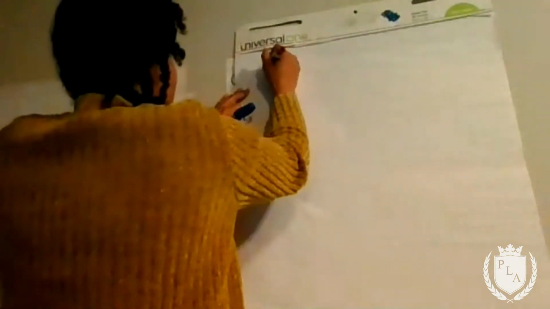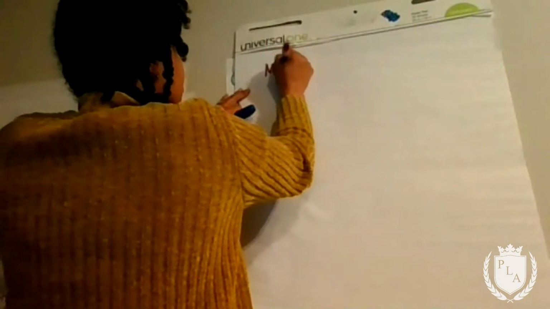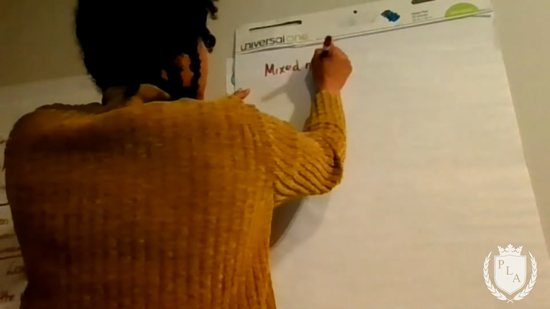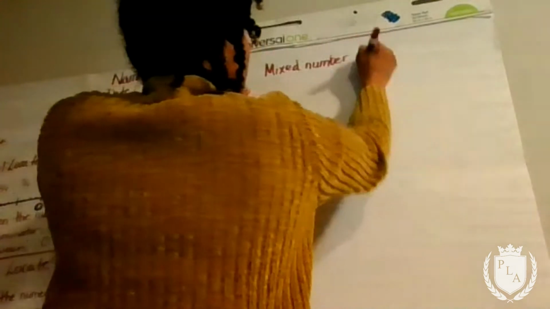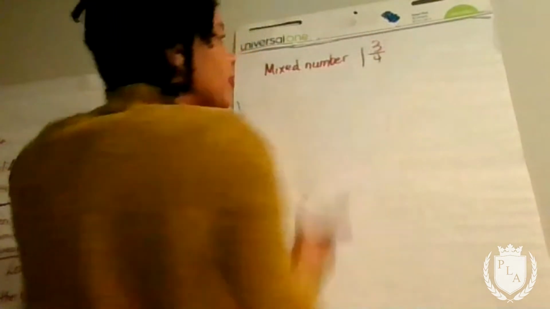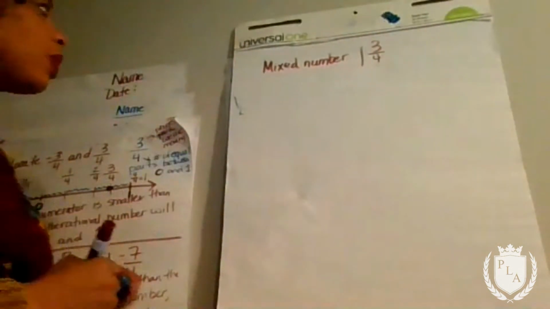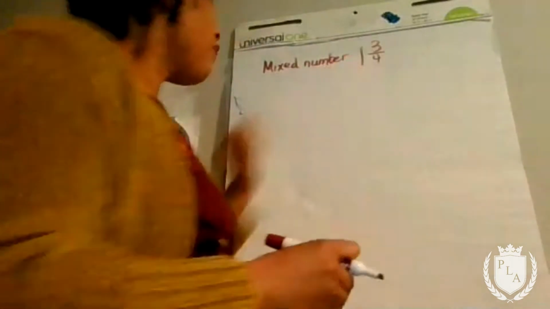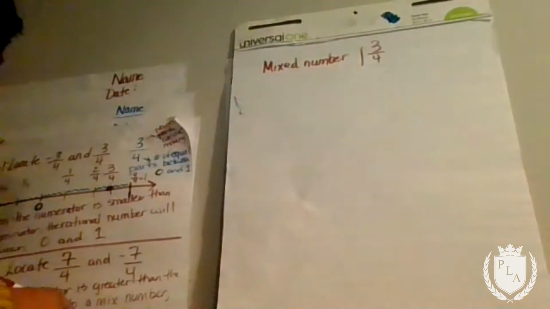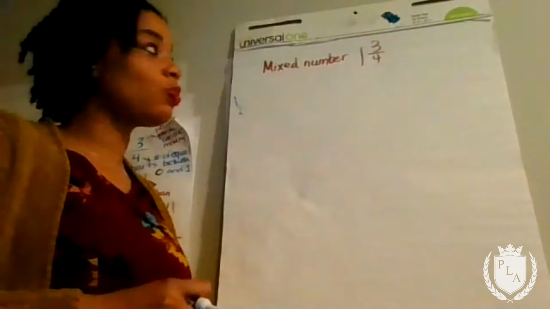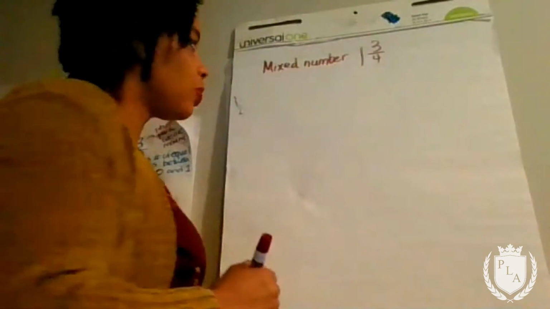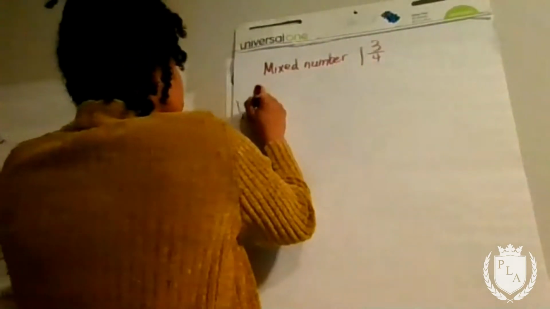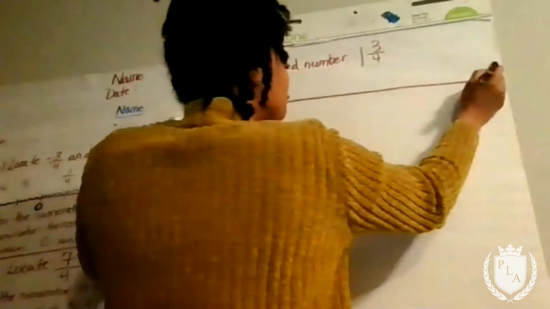We have our mixed number, 1 3/4. Okay. So we have 1 3/4 because our original fraction was 7/4. Our original rational number was 7/4, remember? So what we're going to do is draw our number line.